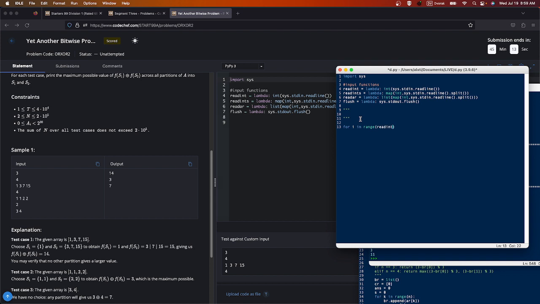For i in range, read int here, read the array.